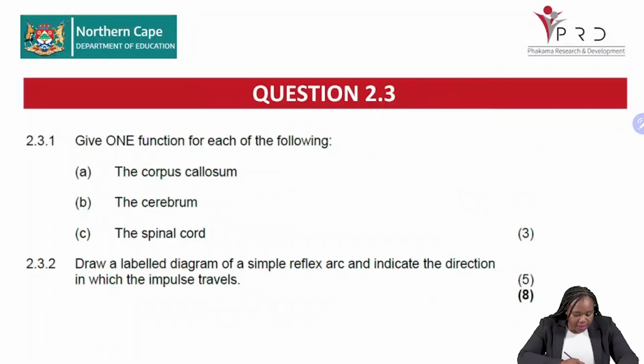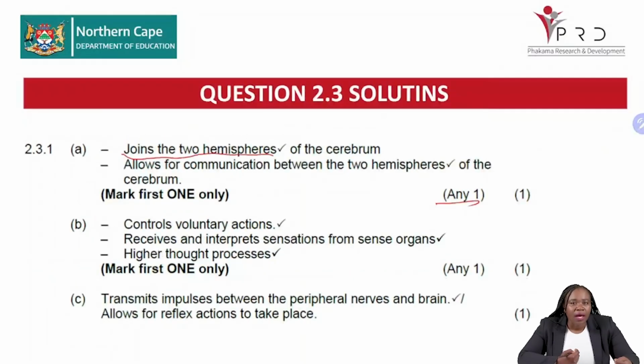Right. And then the cerebrum, we know that the cerebrum is responsible for receiving all sensations. We know that it is responsible for voluntary actions, things like talking, moving, running, and so on, right? So receiving or interpreting all sensations, and it is also responsible for memory, recalling, and high thought processes, right?